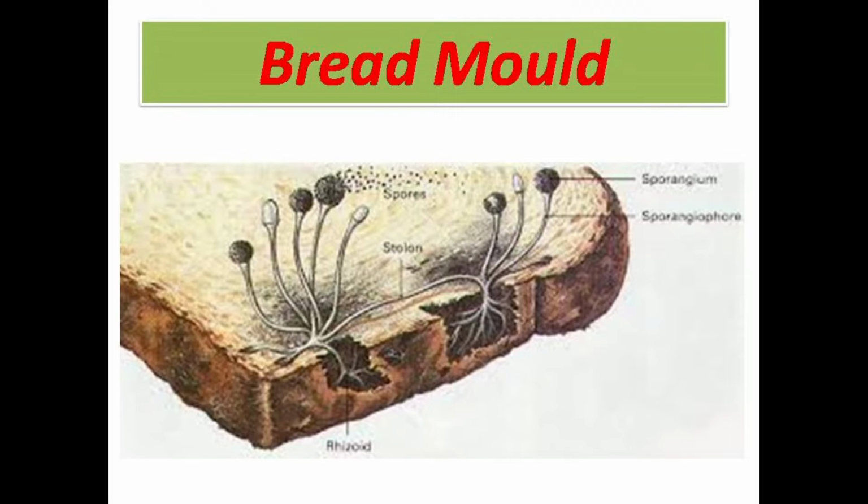So bread mold commonly grows on stale bread, and it is a multicellular organism, as you can see in the picture. You can see the sporangium having spores. When you try to touch that, sometimes you may feel some black powder stick to your hands. That black powder is actually spores.